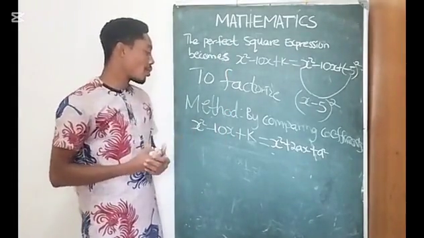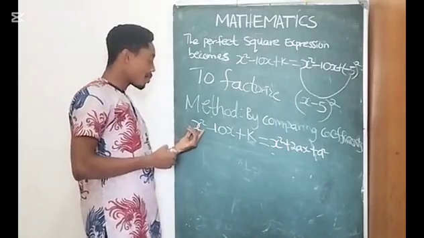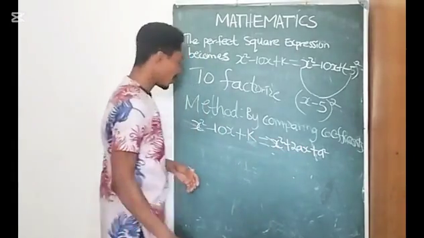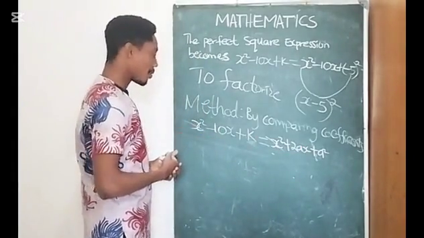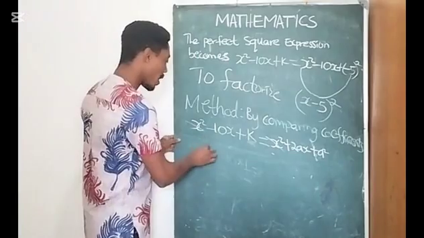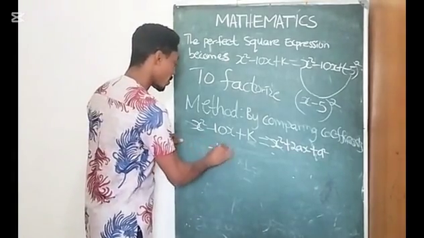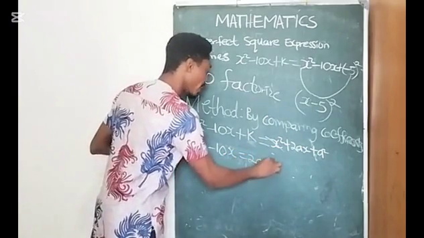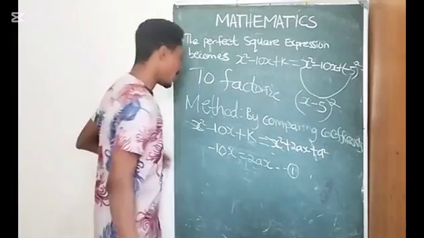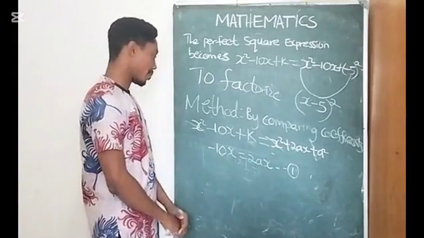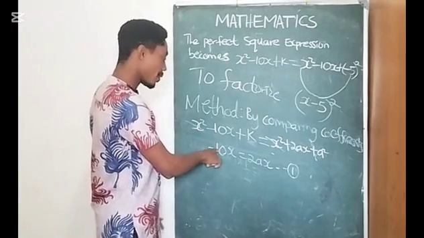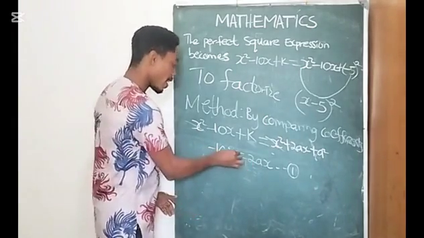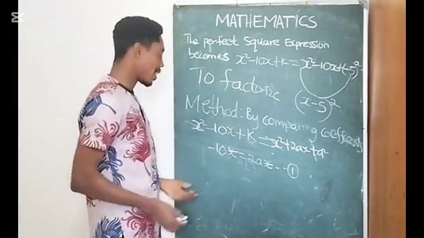So we're going to compare coefficients. The first term is x squared, the first term here is x squared. Of course, you see that cancels out. What we have left is that we are comparing minus 10x equals 2ax. We can call that equation 1. Minus 10 and 2a. x is common on both sides, cancels out.